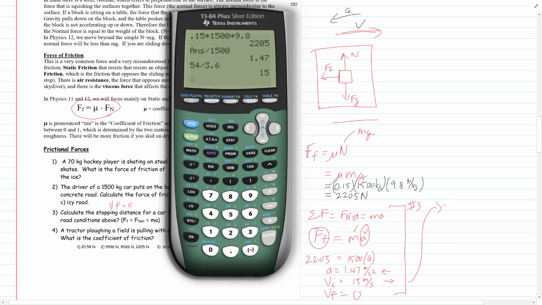And the stopping distance, how do we calculate that with these 3 givens without time? It will be Vf squared is equal to Vi squared plus 2AD.